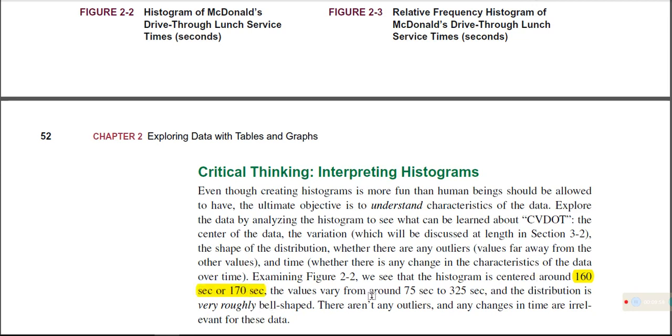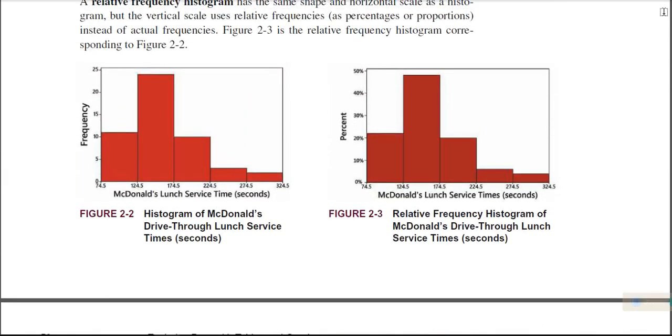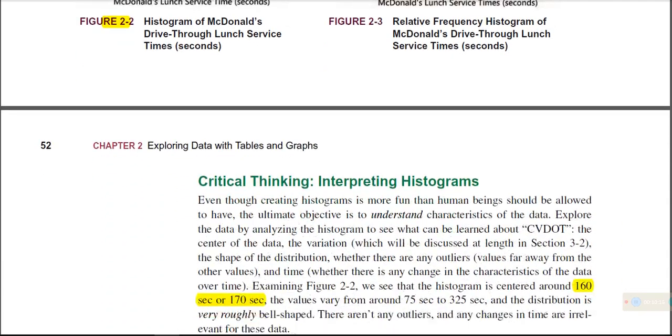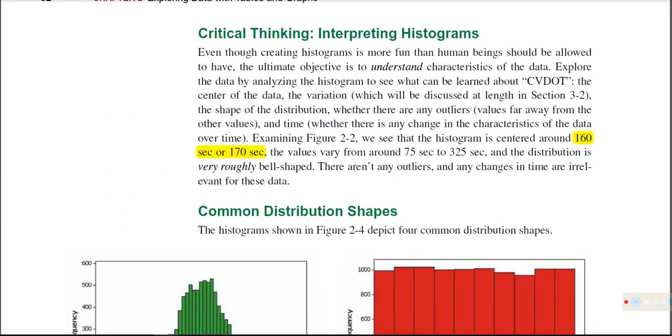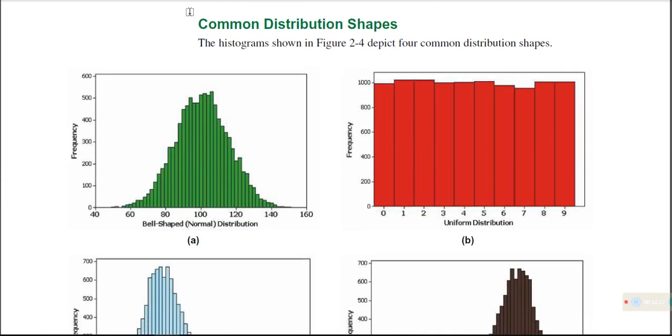The values vary from around 75 second to 325 seconds. Ayan. So, pinaka-center niya around dito daw. Ayan, 160 to 170. Close to here. From 74 to 325. So, analyze natin yung mga nandito.